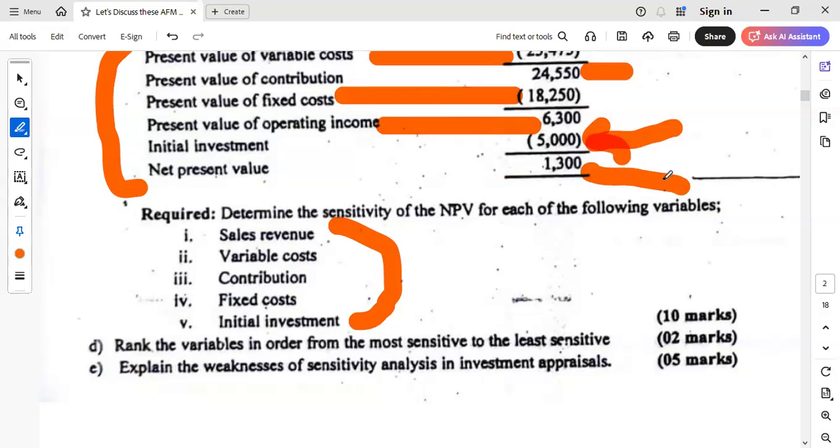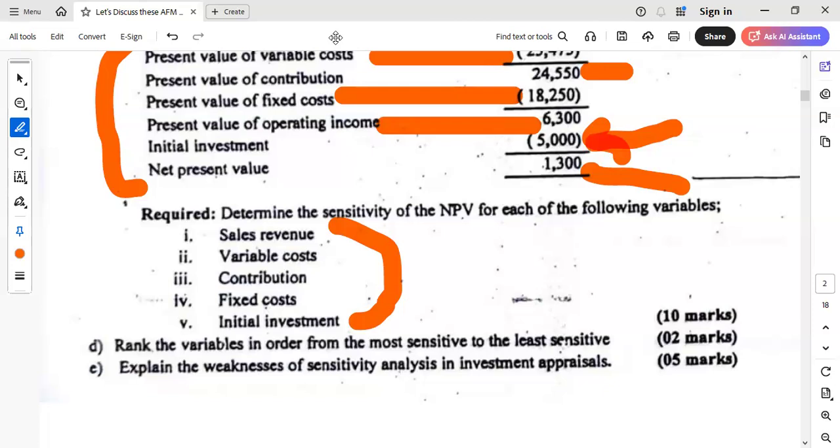You are all aware from your financial management paper that if NPV is positive, the management should go ahead and undertake the project, because it is viable and will add value to the shareholders.